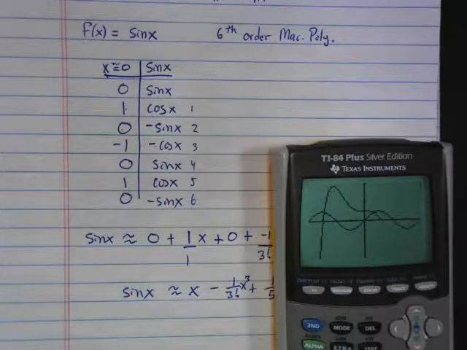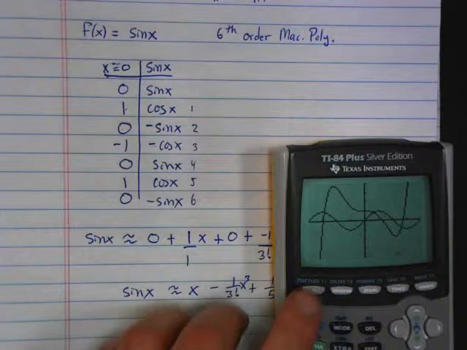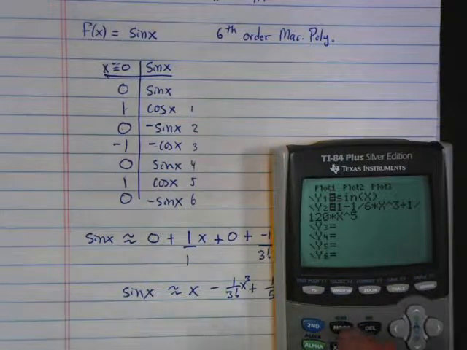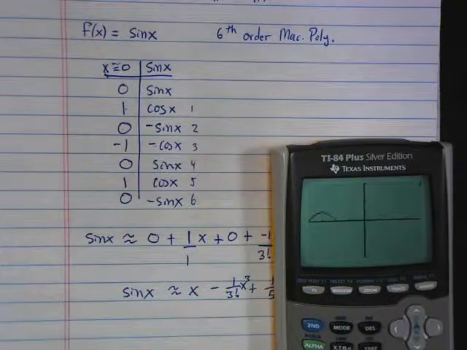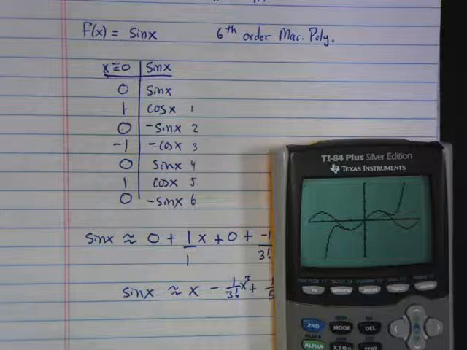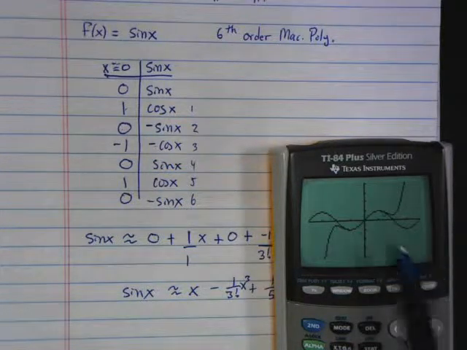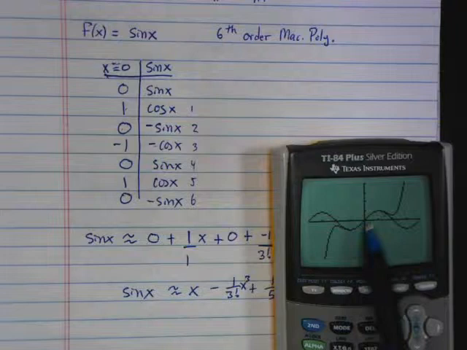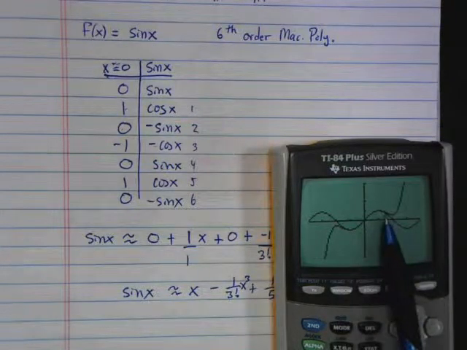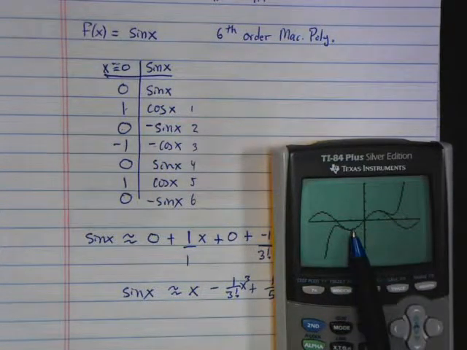Yeah, I'm definitely missing something. How about an x right there? Alright, so there's my sine wave, and there's my polynomial. How well do they fit? Pretty good. That's not 1 by the way, because I did a zoom trig. That's negative pi over 2 to pi over 2. Pretty good between negative pi over 2 and pi over 2.